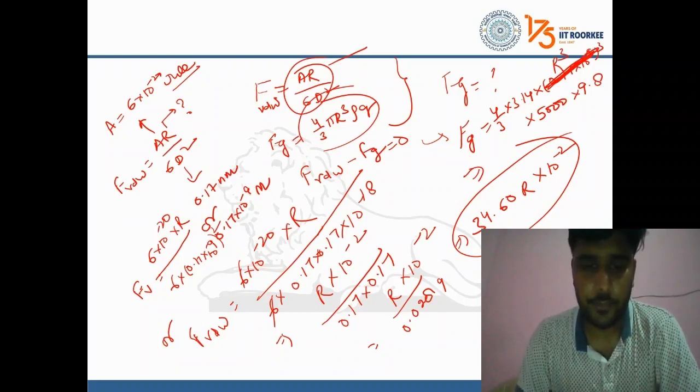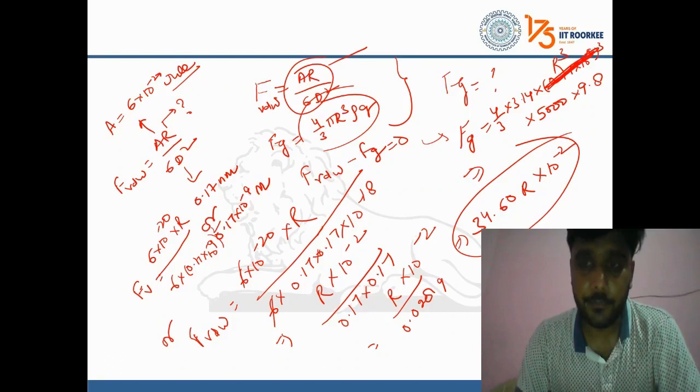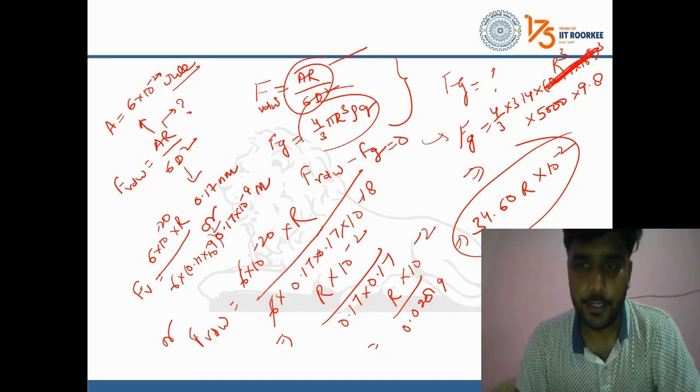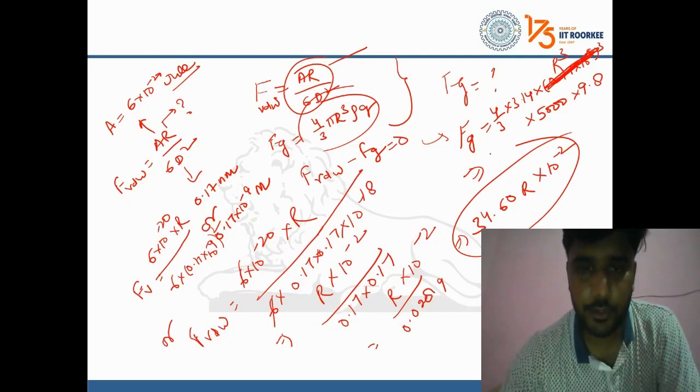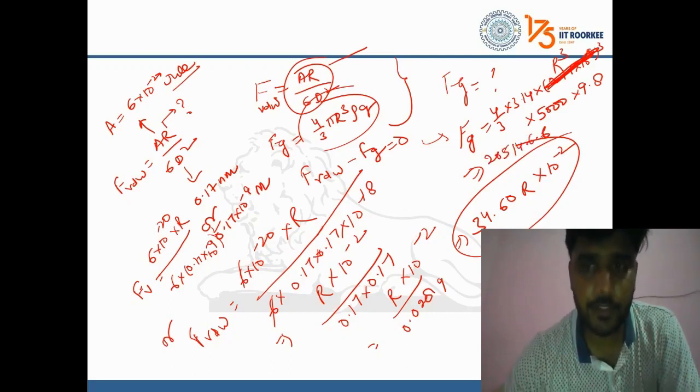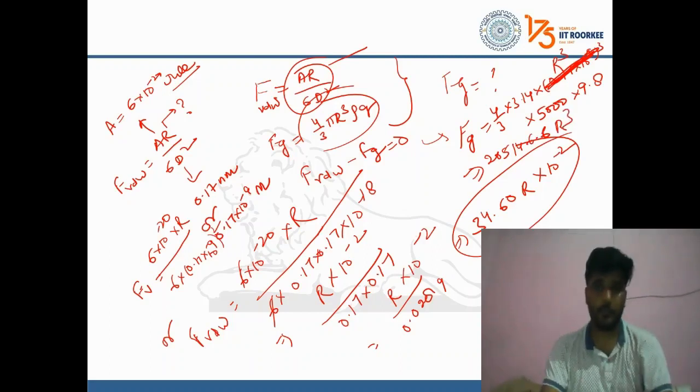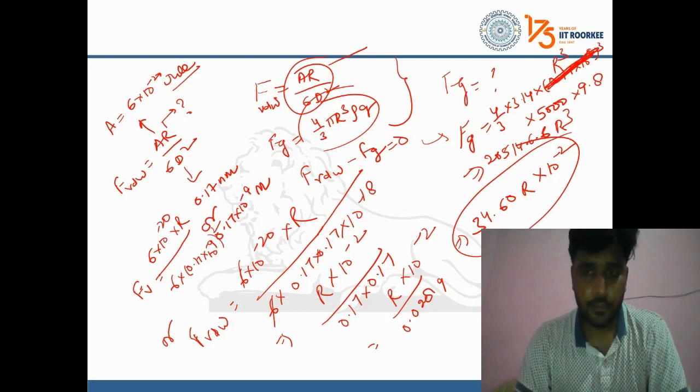4 multiplied by 3.14 multiplied by 5000 multiplied by 9.8 and divided by 3, that is 20546.6 R cube. Okay, so we have to determine this value.